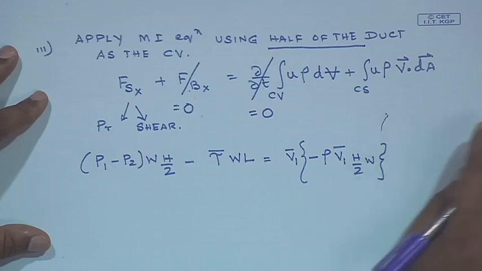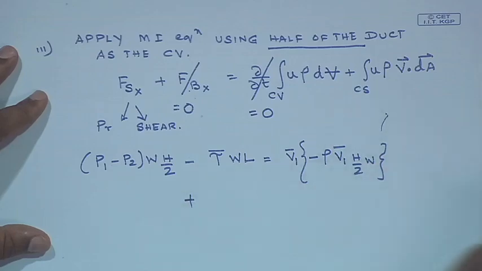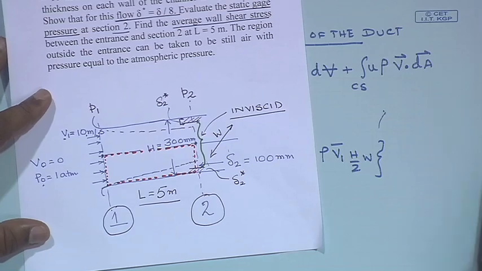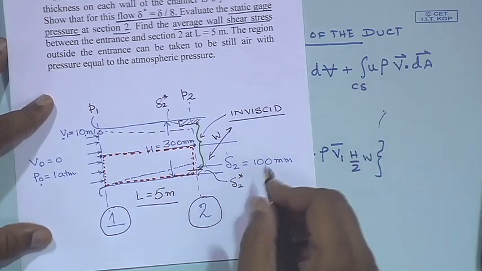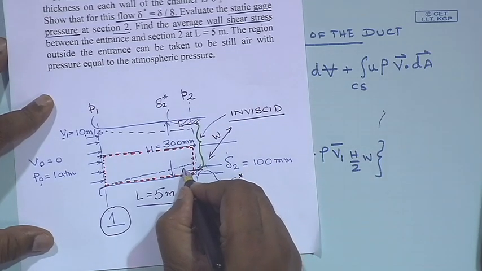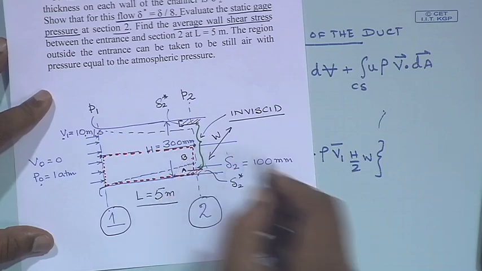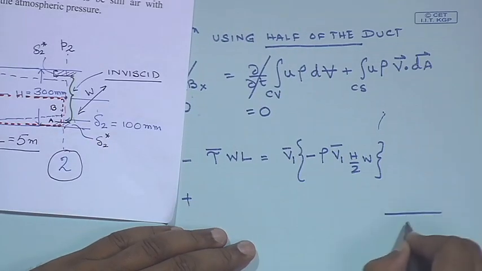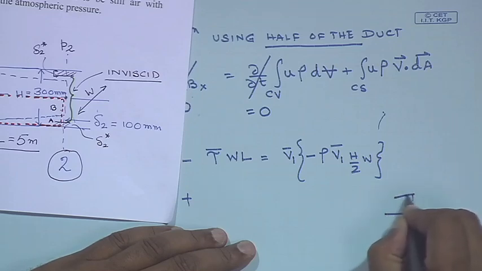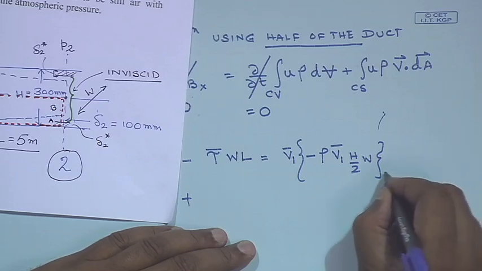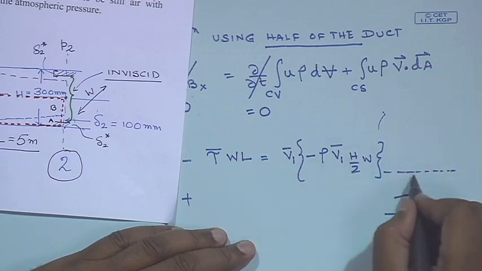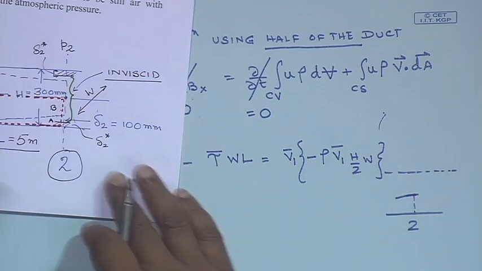And the second part can be thought of as consisting of two parts. One is A and let us say this is B. So, if I draw the situation at location 2, up to this point I have a boundary layer, and this is my central line, the line of symmetry, the plane of symmetry.